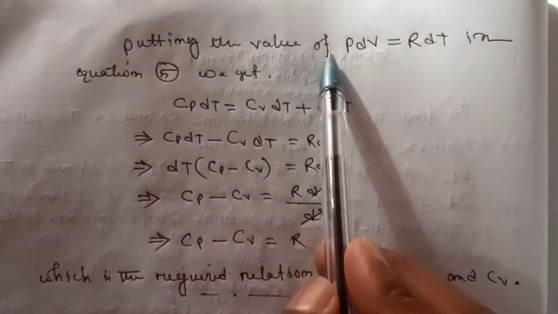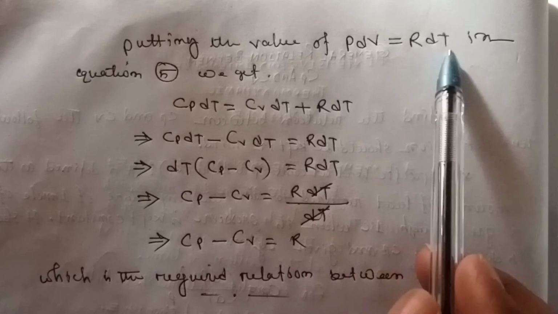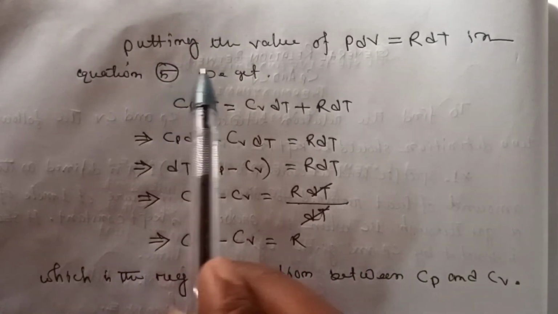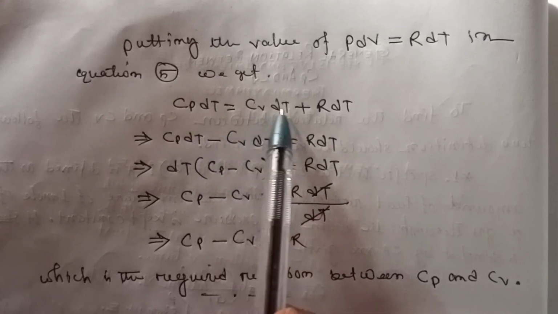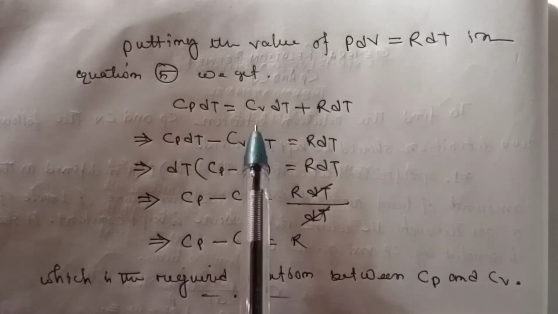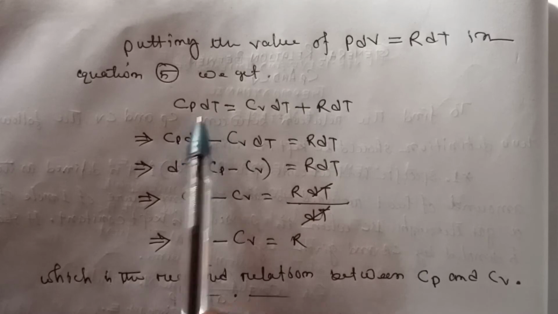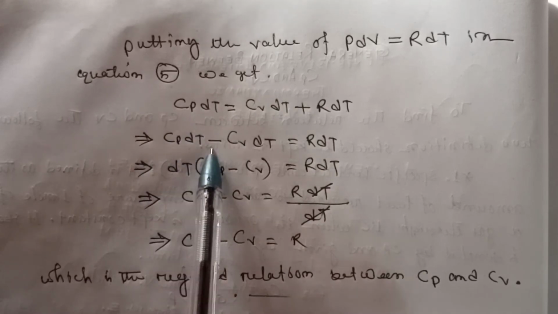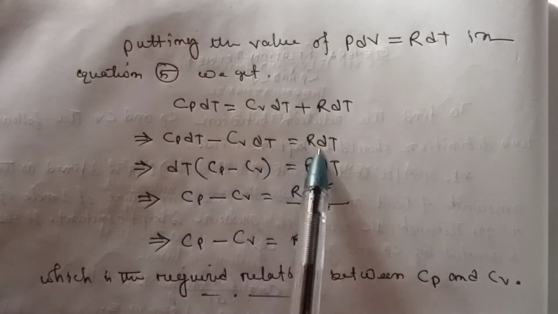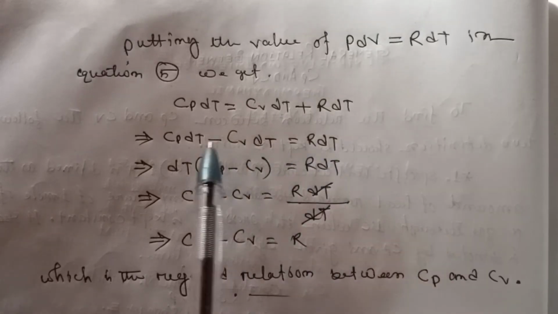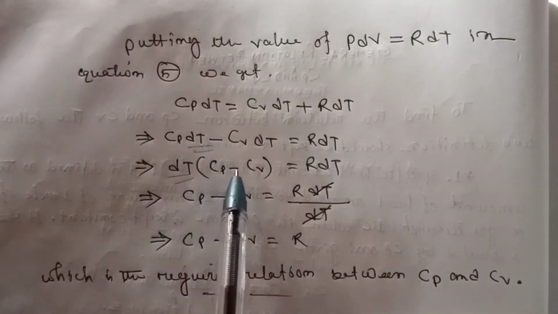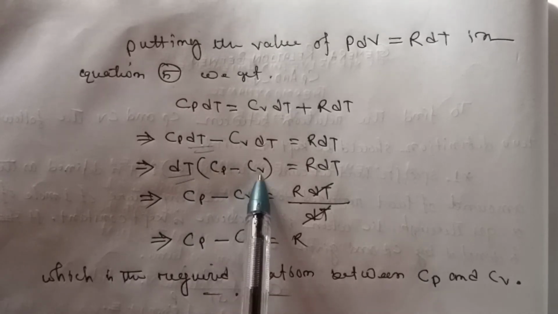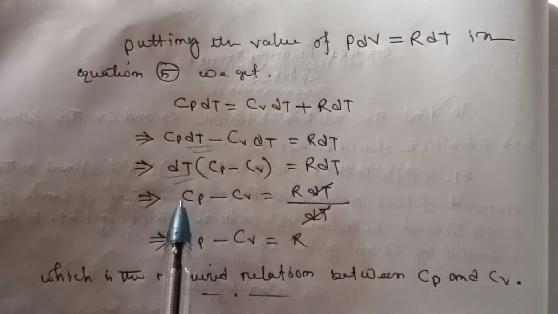Putting the value of P dV equal to R dT in equation 5, we get Cp dT equal to Cv dT plus R dT. Taking this term to the left side, we get Cp dT minus Cv dT equal to R dT. Taking common dT, we get Cp minus Cv equal to R dT.